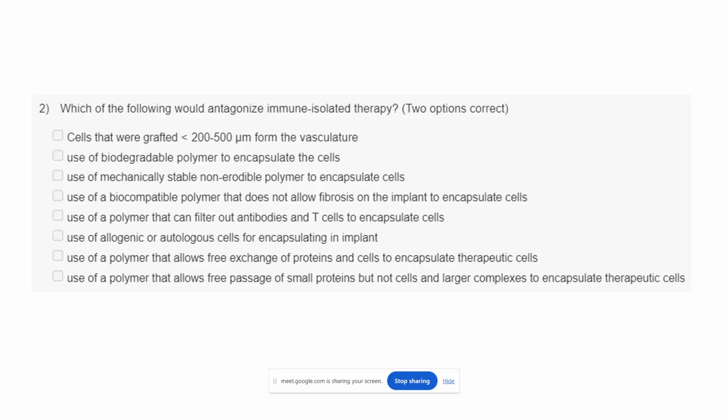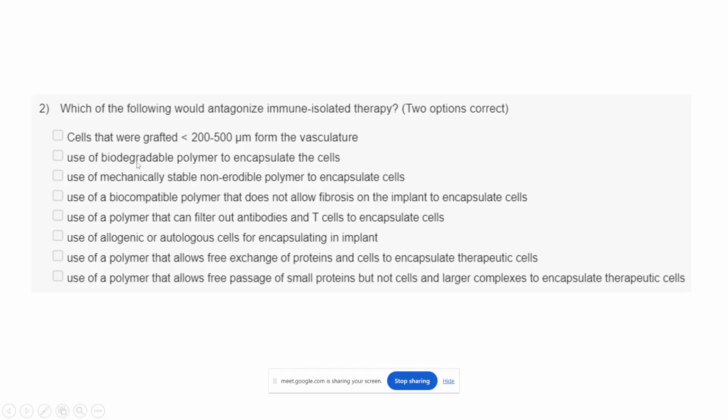But here, if you see the last option that someone has chosen, use of polymer that allows free passage of small proteins but not cells and larger complexes, this is true. So basically, you're asking antagonize. So we have to select something opposite to what immune isolated cell therapy is doing.